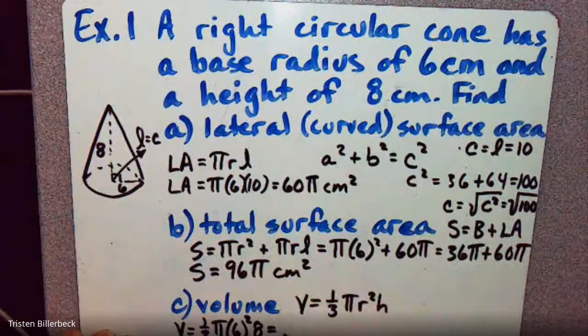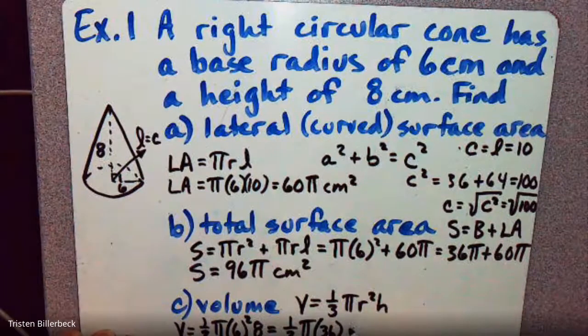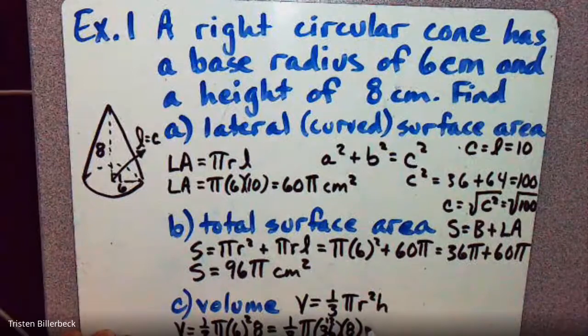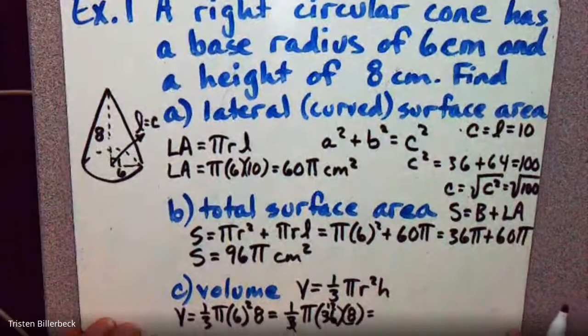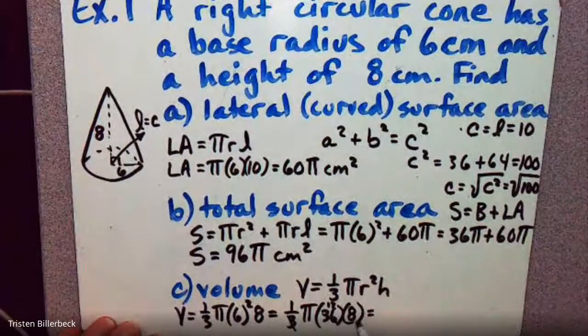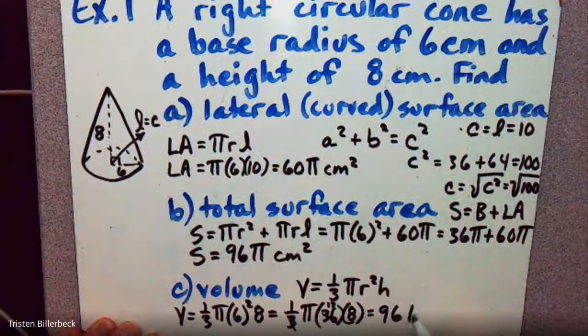Okay, so again, we have 1/3, 6 pi, and then 6 squared is 36 times 8. Now 1/3 of 36 happens to be 12. So that makes it easy. If we reduce in the beginning, we can just do 12 times 8, which gives us 96 pi.